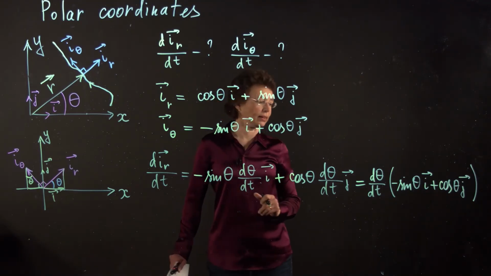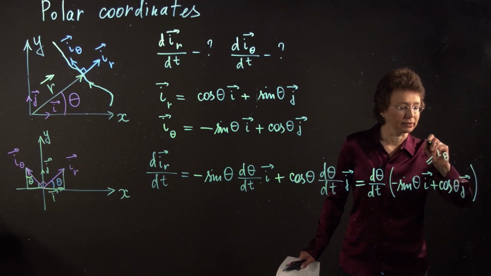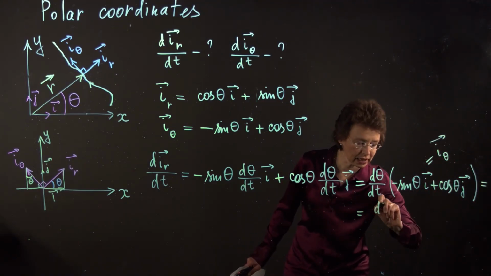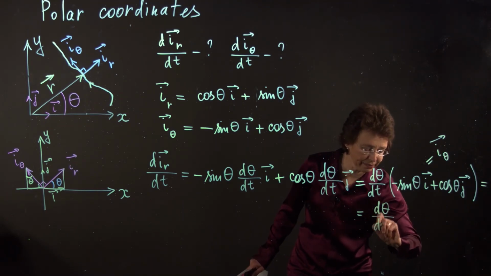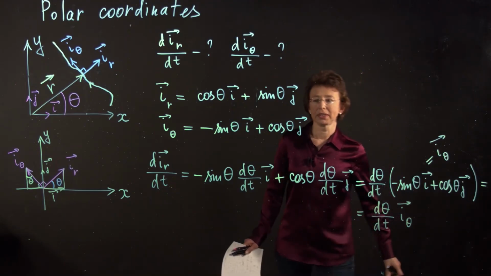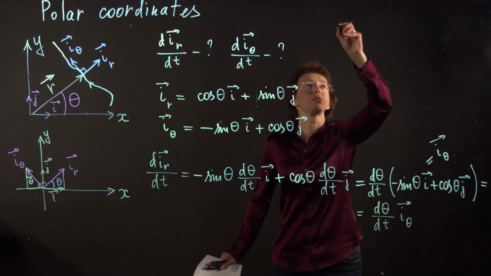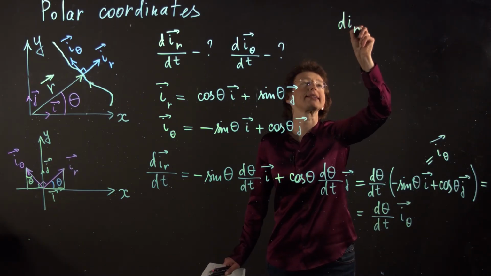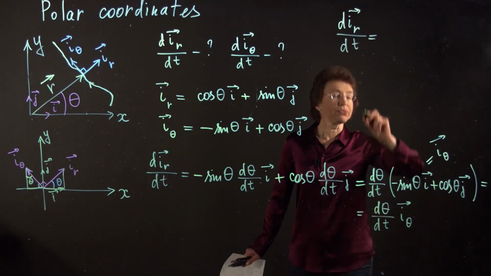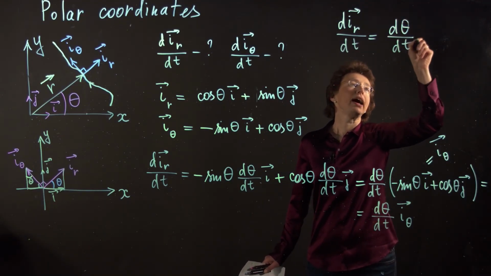This is i_theta. So what I have in parentheses is i_theta. We keep going, and it is equal to d theta/dt i_theta. Now we know how to differentiate i_r. We have di_r/dt equal to d theta/dt i_theta.